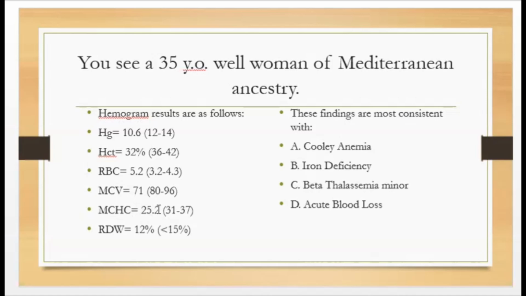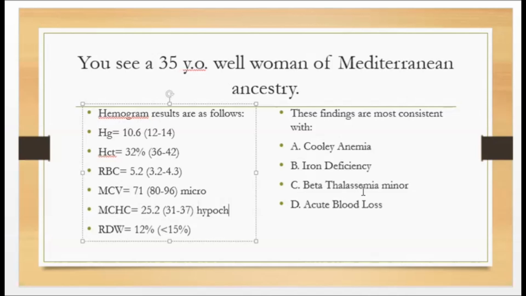Okay? So three conditions that are microcytic and hypochromic, okay? The three conditions we said are iron deficiency, beta thalassemia, and we said that thalassemia is of two types, alpha thalassemia and beta thalassemia.